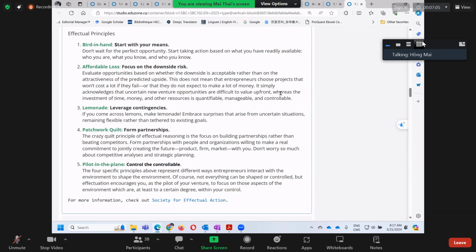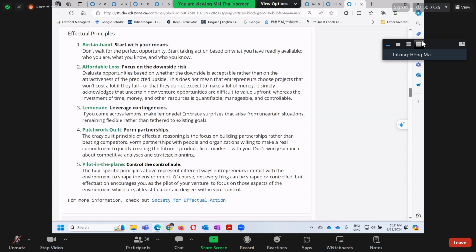The second, they must know the loss. Sometimes in the entrepreneurial journey, they will think about that, so they can control the loss, how they can save and limit the loss.